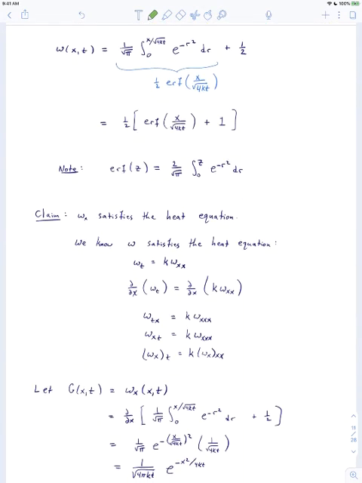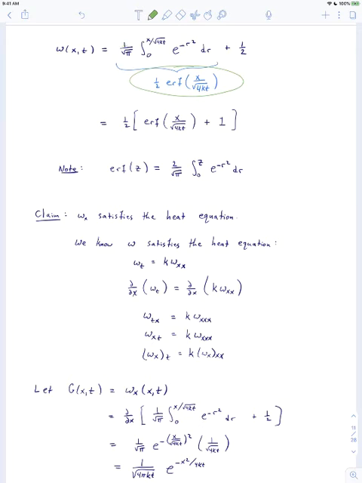So this is the solution to our initial value problem, where our initial value is given in terms of the unit step function. We just comment that this expression here, if we ignore the 1/2, is the error function, or the ERF function. So it's 1/2 times the error function, because the error function has a 2 there.